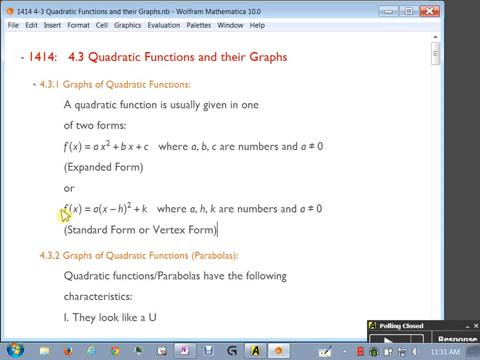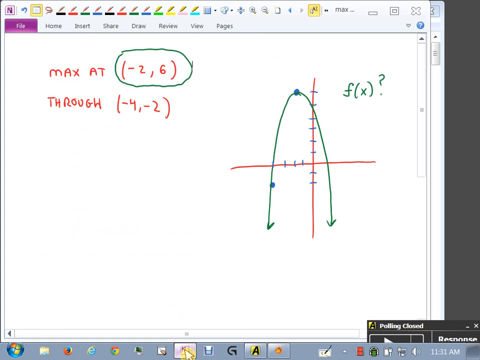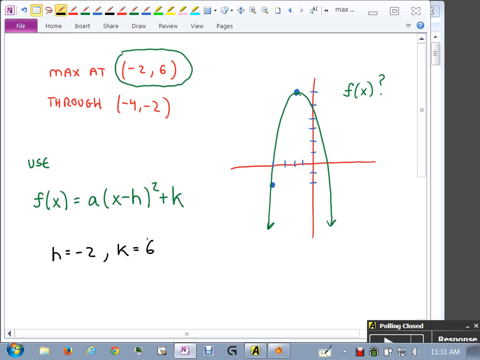So I'm going to rewrite this and replace h and k with what I was given, and I will be close to having my function. I won't be there yet, okay? So let me do that. I'm going to use the fact that all parabolas can be written in this form, where h, k is the vertex. Now, using the fact that h for us is what? -2. And k is what? 6. How do I know that?